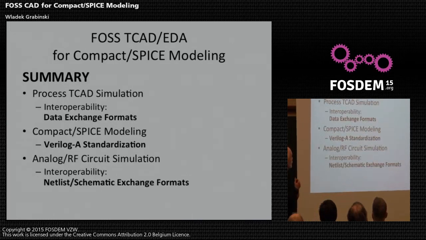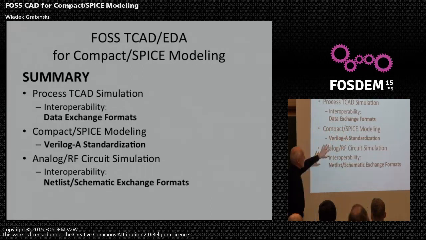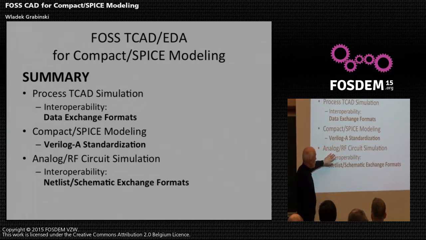I'm almost at the end. So again, to go from process simulation through modeling to compact modeling, we need interoperability. We need a common data exchange format to talk from process simulation to support compact model development. We need Verilog standardization to enable model implementation into simulation tools.